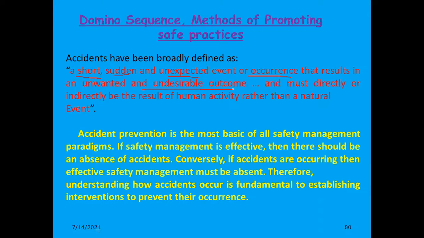Outcomes and results that we do not like, and must directly or indirectly be the result of human activity rather than the natural event. So whatever the accident, it should be the human activity than the natural event. So this can be classified in these terms: a short accident, sudden accident, unexpected accident, unwanted accident, undesirable accident.